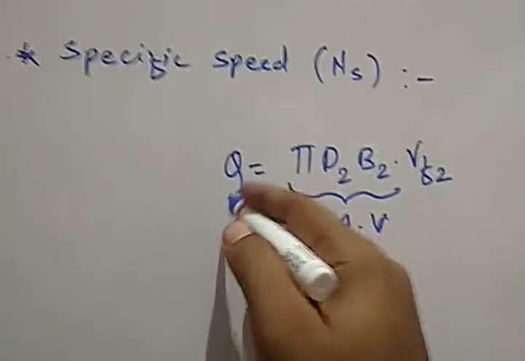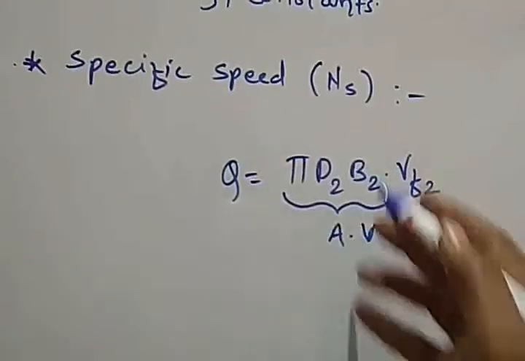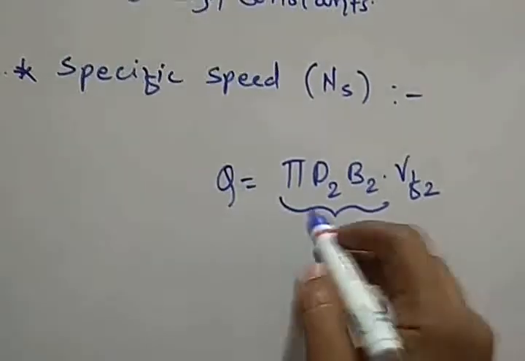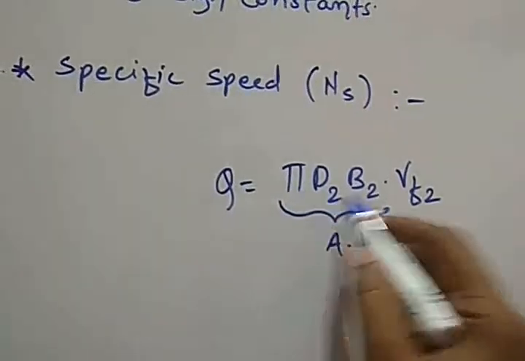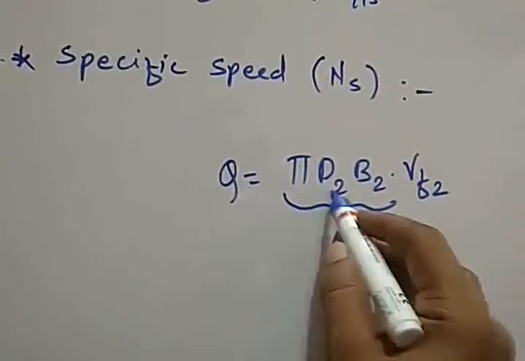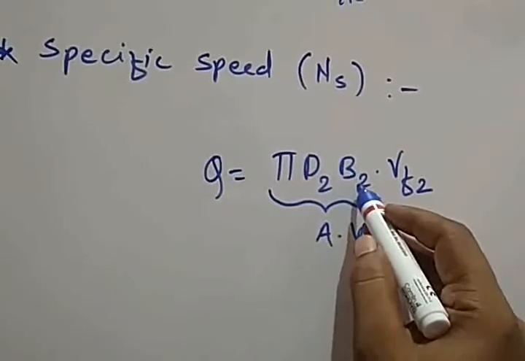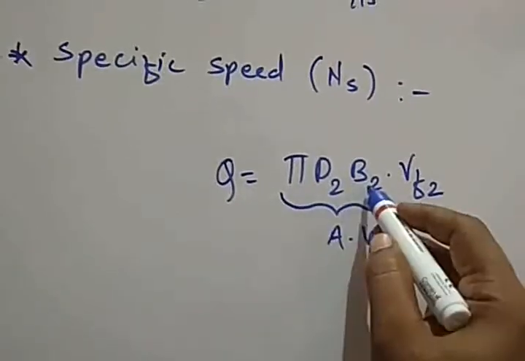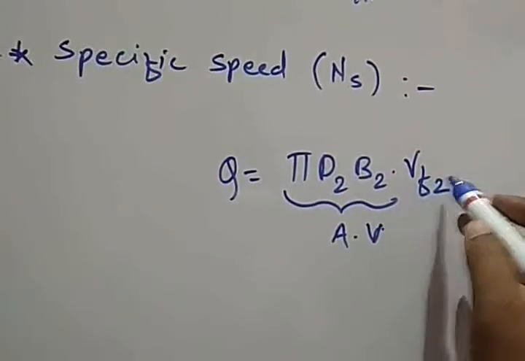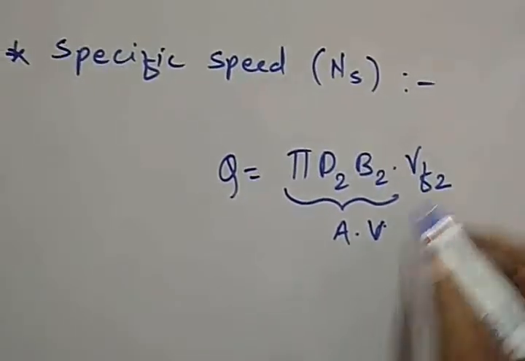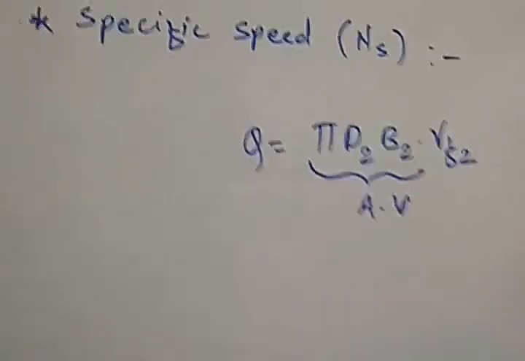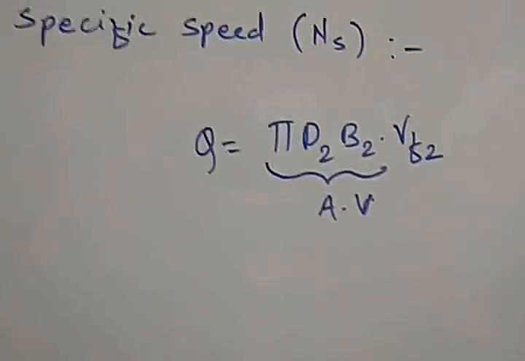I am considering Q at the exit of the impeller, hence the area at the exit of the impeller is pi d2 b2. Pi d is the circumference, into b, the width of the impeller, and the velocity at exit is Vf2.